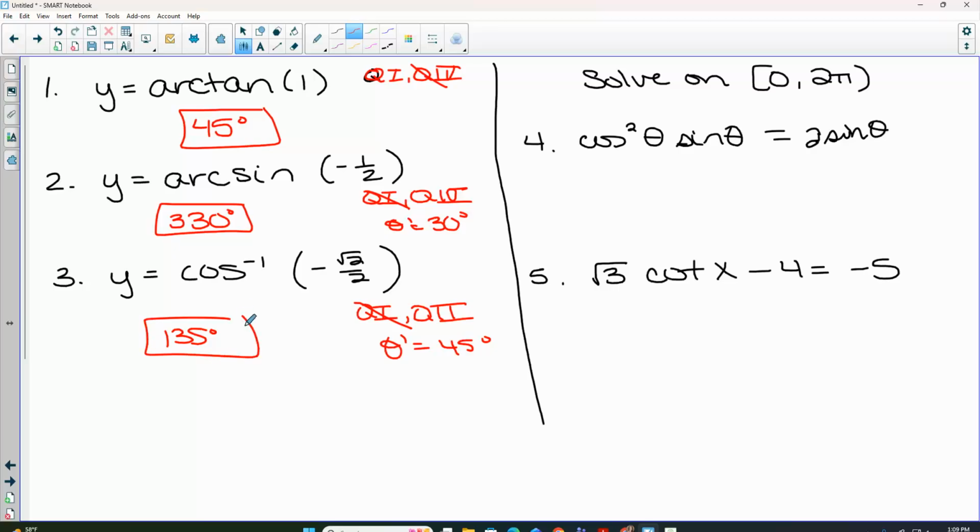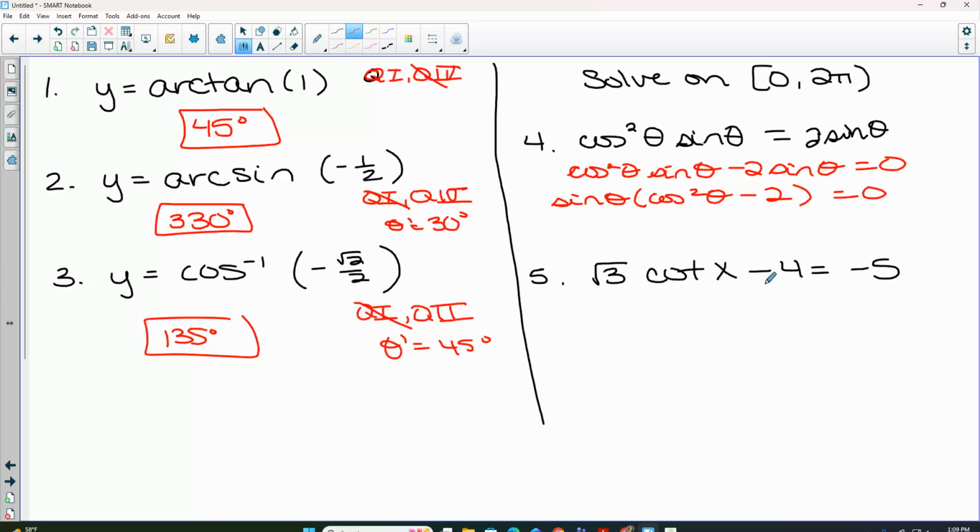Okay. Then, solving. So this one, now that I changed your problem, what can you take out? Okay. So if we set those equal to 0, when is sine equal to 0?